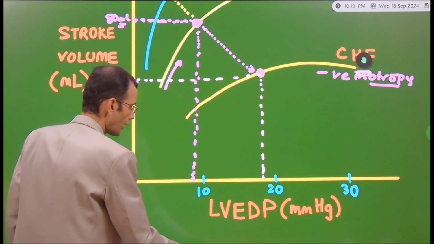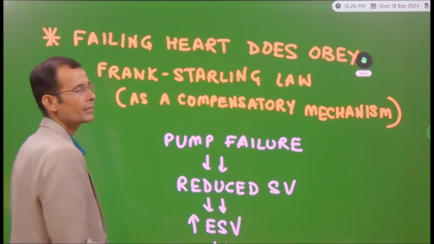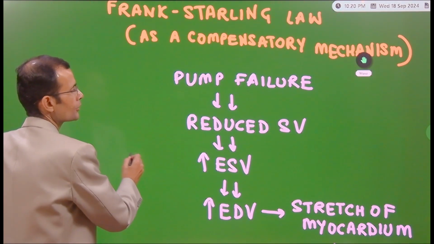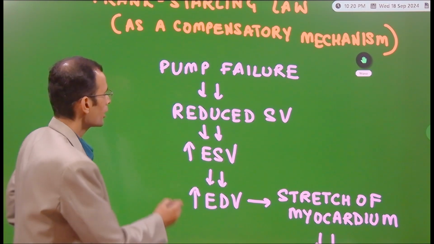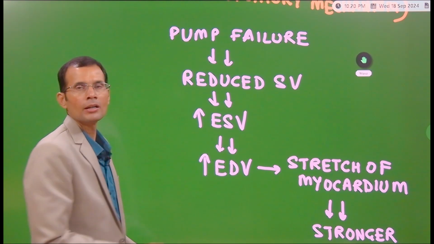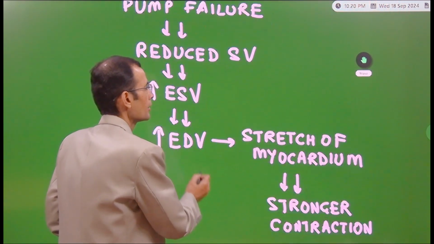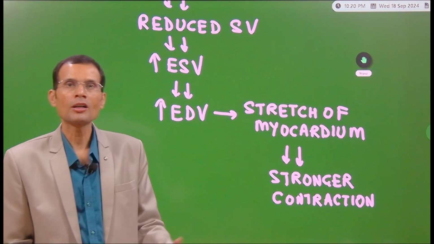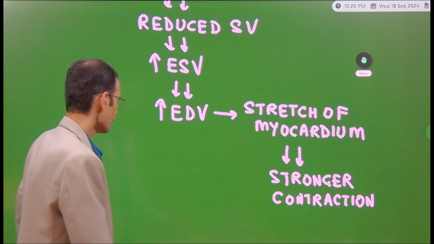So yes, the failing heart does obey Frank-Starling law as a compensatory mechanism in the initial period, which is what is written here: pump failure, so reduced stroke volume, so therefore there is greater end systolic volume, and that means there is also greater end diastolic volume, and stretch of the myocardium is greater, so it will produce stronger contraction in the next systole to compensate for a failing heart.